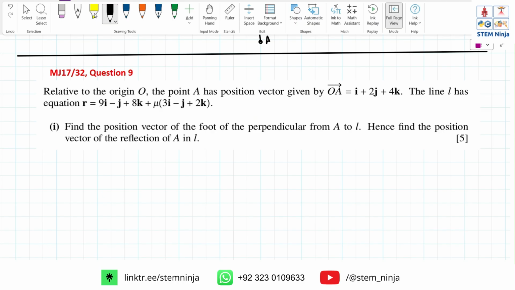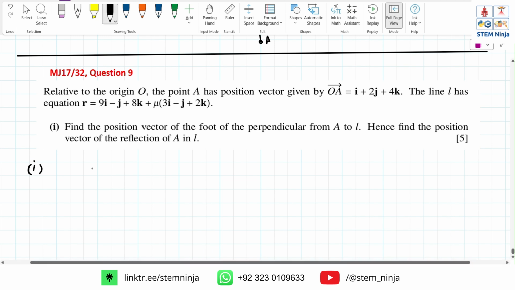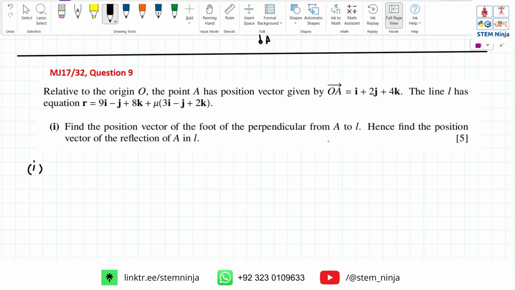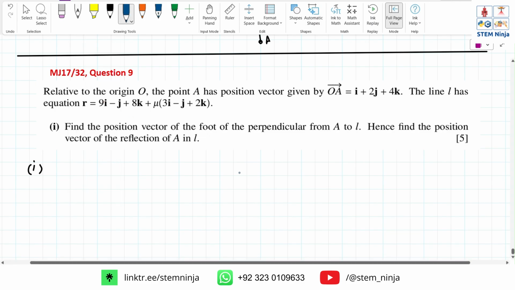Okay, let's see this. So relative to the origin O, point A has position vector given by OA. The line L has this equation. Find the position vector of the foot of the perpendicular from A to L. Now the first part is the same as what we did for the previous question.